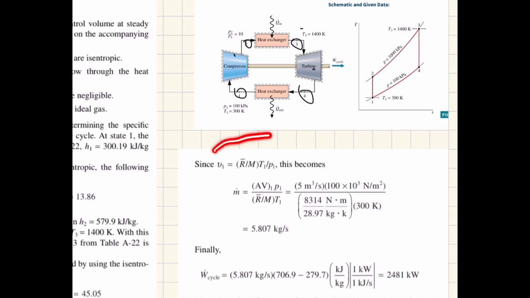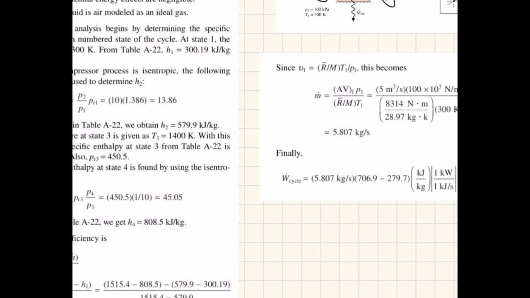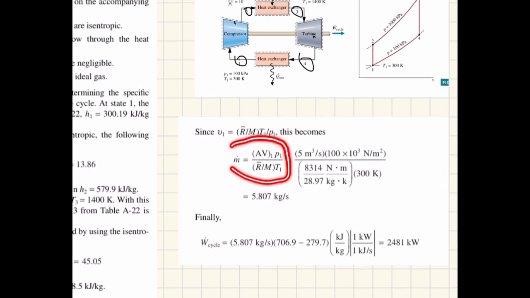And using the ideal gas relation, PV equals mRT, and the relation that we mentioned earlier, we can rearrange it to be like this. Because we already have the values for all of this, we will get that the mass flow rate is going to be 5.807 kilograms per second.